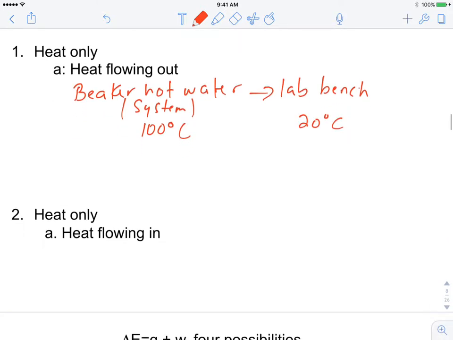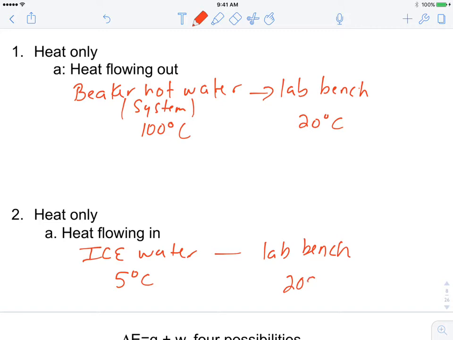I could have heat flowing in. So here, a simple scenario, ice water. So now I would have my ice water at 5 degrees Celsius and my lab bench here at 20 degrees Celsius.